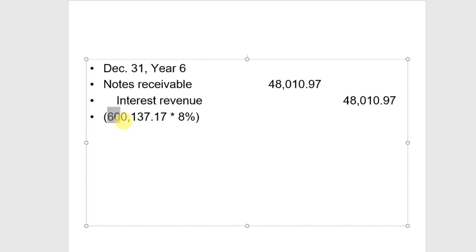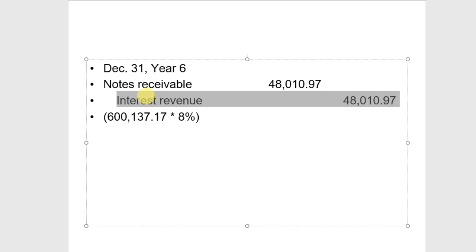Here is our principal amount times 8%, which is our yearly rate. Now you'll notice that, as you would expect, there's a credit to interest revenue. So, when you do this calculation, you'll get the 48,000, and there's a credit to interest revenue. However, this is not a debit to interest receivable. Our note needs to be at a carrying value, essentially 700,000, when our customer pays us in 2 years' time.